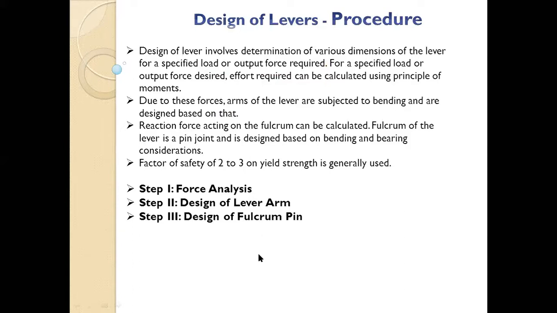But if the effort arm and the load arm have an angle in between, like a bell crank lever, then R will not be a simple addition. We have to find R using a mathematical formula, and then use that R for the design of the fulcrum pin.